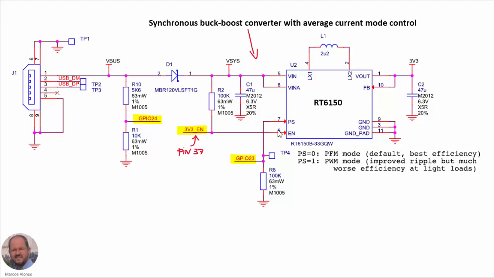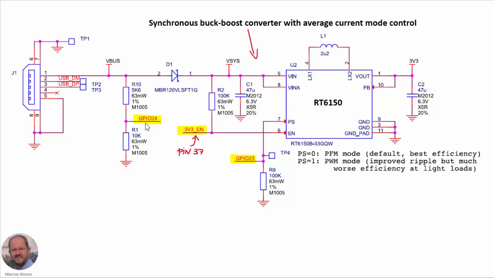We can also activate and deactivate the chip by using this enable input. As default, this input is activated, so the chip is going to be operating. But this line here is connected to pin 37 of the board, so externally we can decide if we want to turn off the converter at any time.